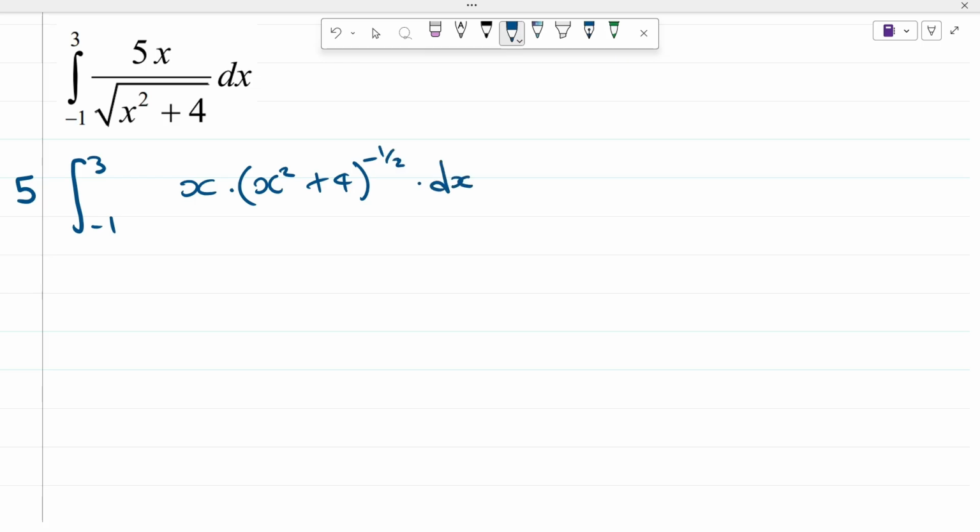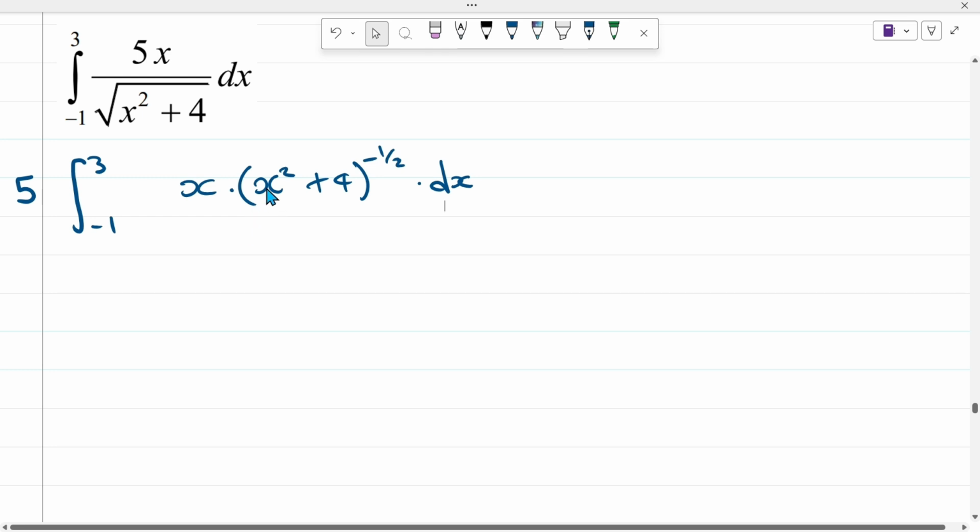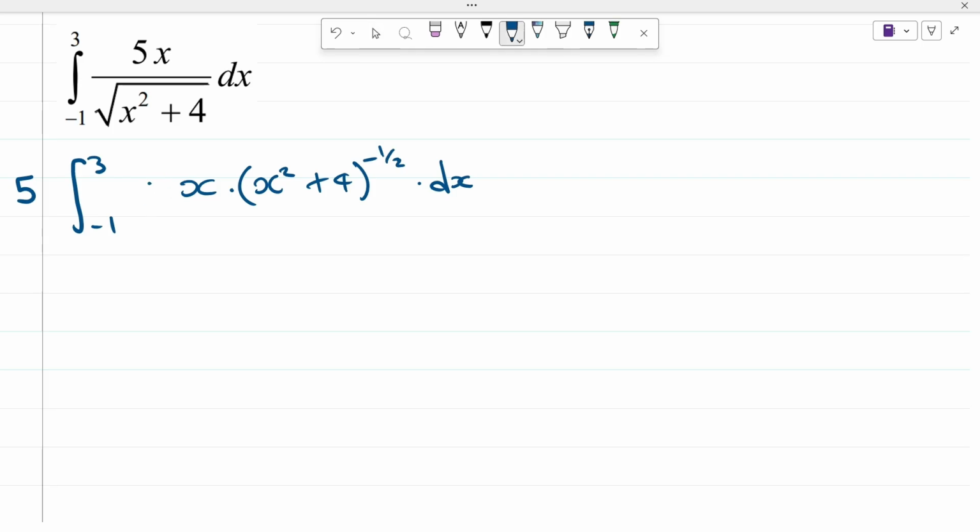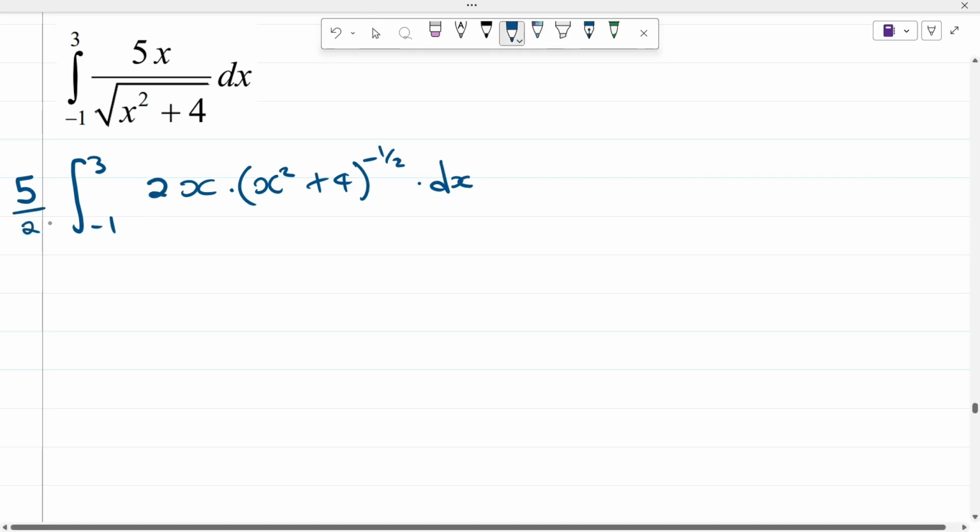Then we ask ourselves, if this is the main function, x squared plus 4, then is x the derivative of that? Yes, but it's incomplete because the derivative of x squared plus 4 is 2x, but then we don't have a 2 here, so we need to cook that 2. So I'm going to put the 2 and then put the 2 here so that the 2 and 2 cancel out, and then make use of what's inside there.